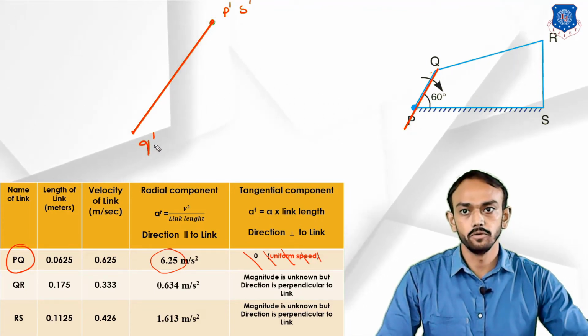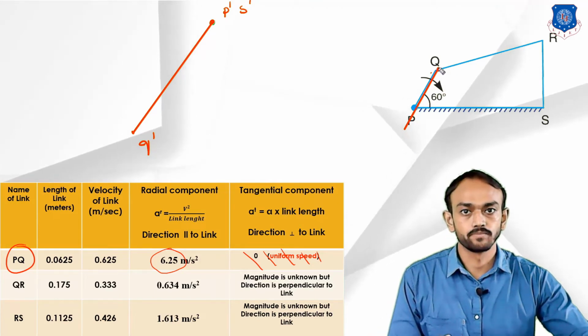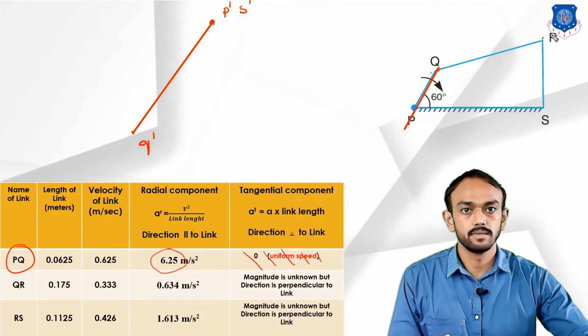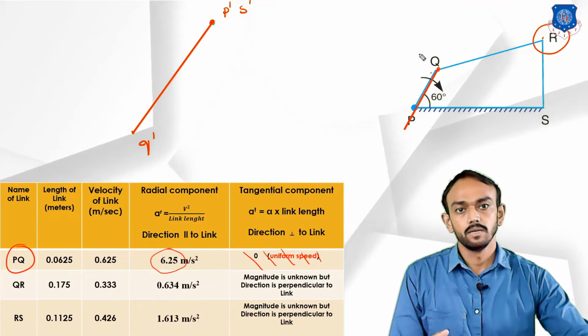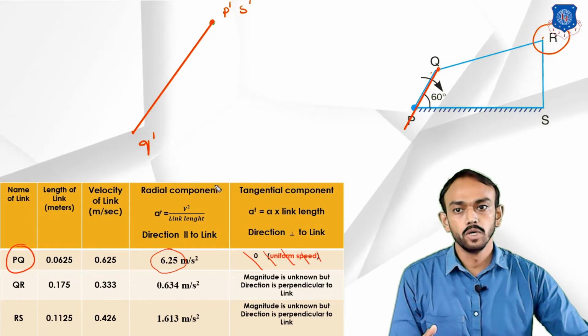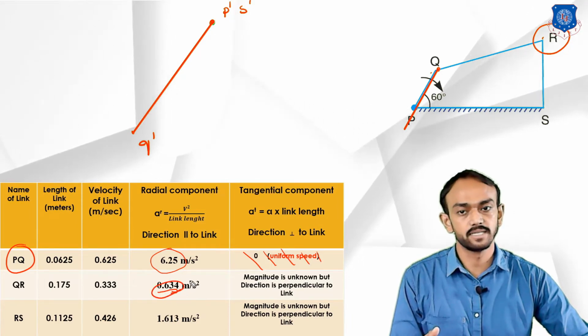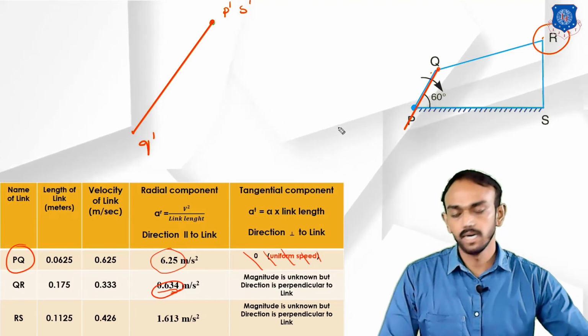This will be Q dash. Now with respect to Q, let's take the R. So acceleration of R with respect to Q, we know the radial component is 0.634. So what will be the direction?